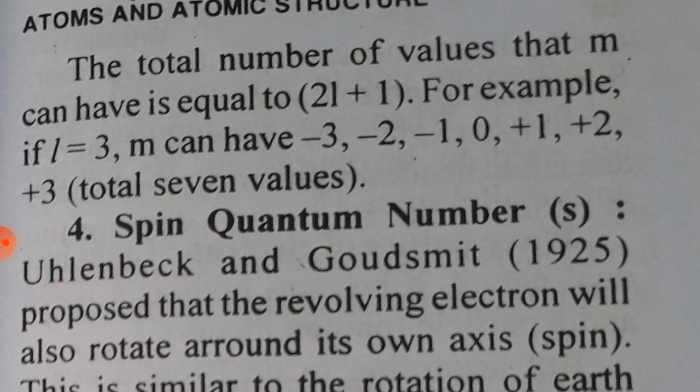The total number of values that m can have is equal to 2l plus 1. For example, if l is equal to 3, m can have minus 3, minus 2, minus 1, 0, plus 1, plus 2, plus 3. Total 7 values.